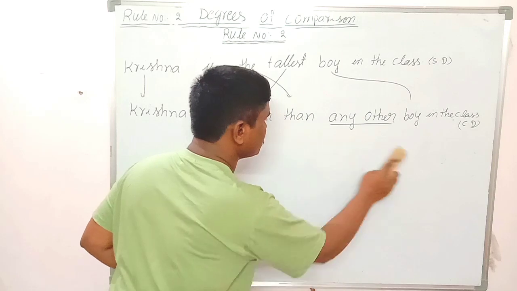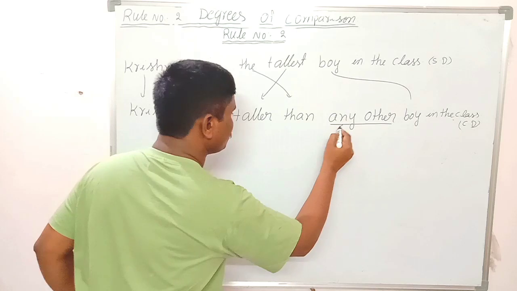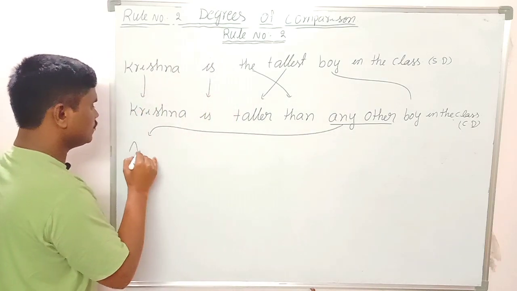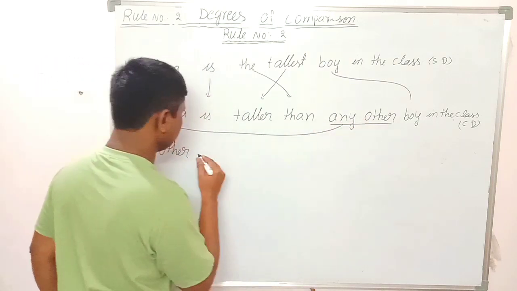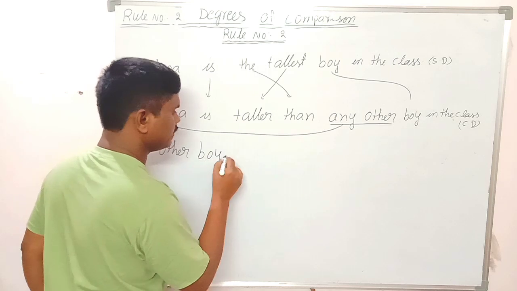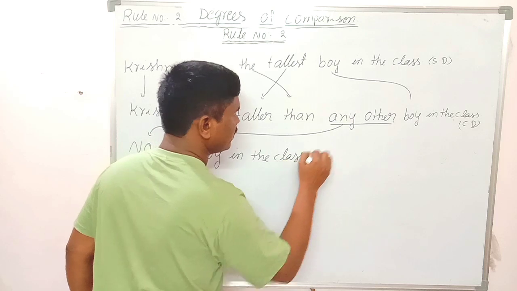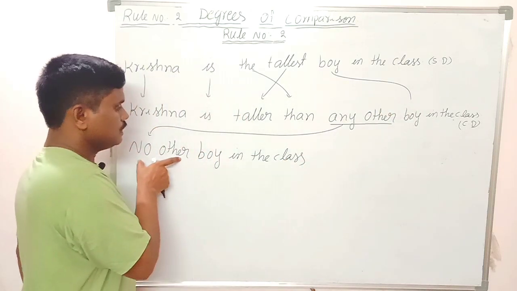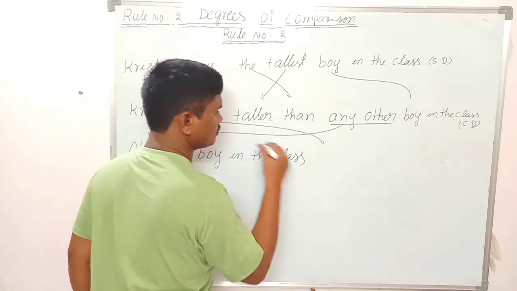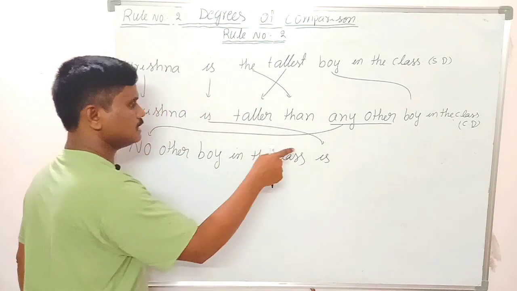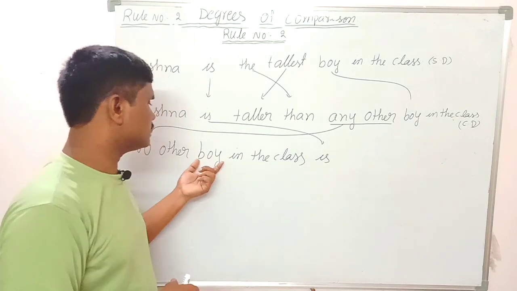That is why here we simply say when there is any other after than, we begin the positive degree sentence using no other. That means this any other changes to no other and the remaining words are as they are, in the class. Any other boy in the class changes to no other boy in the class, and here subject, after subject verb, the verb is as it is, is. Generally singular, here also we write singular because this is singular.